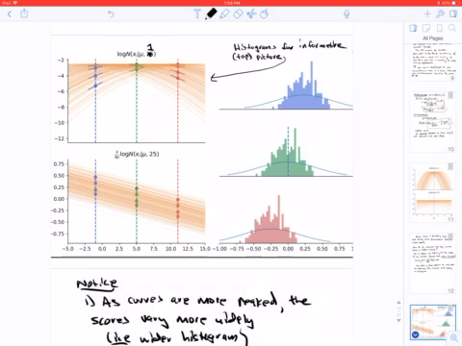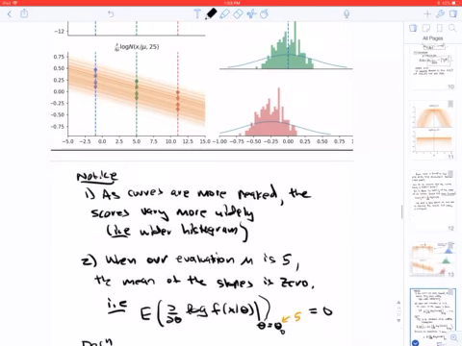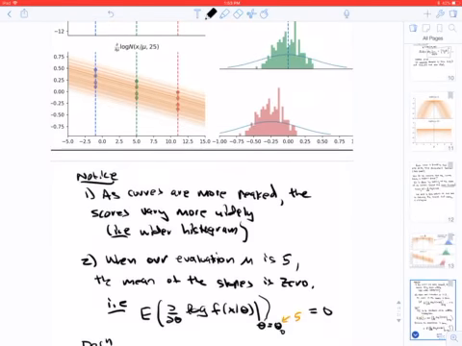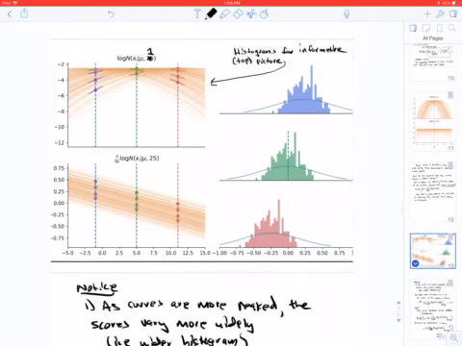So our main thing that we notice is that as the curves are more peaked, in other words in the informative case, the scores vary more widely. In other words, we have a wider histogram. In particular, if you look at the middle one here, you can see that the center of the histogram is 0.